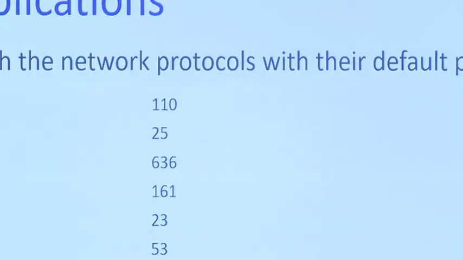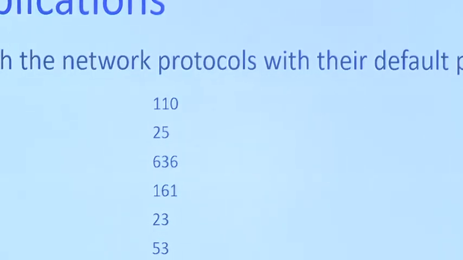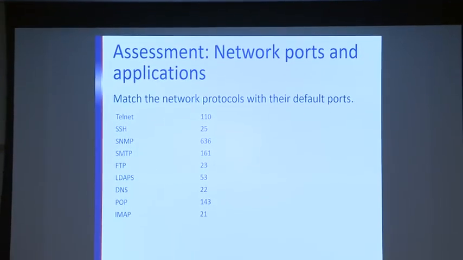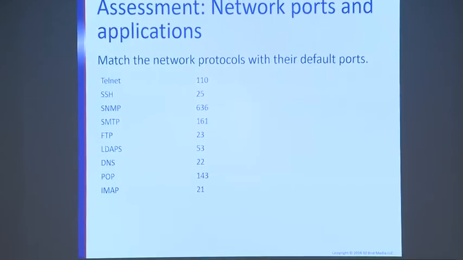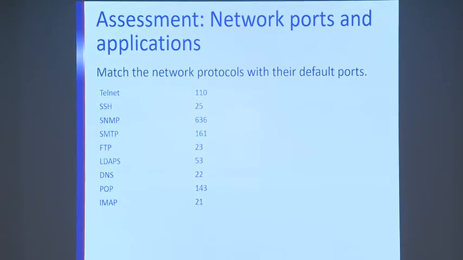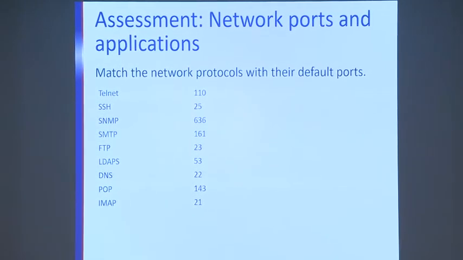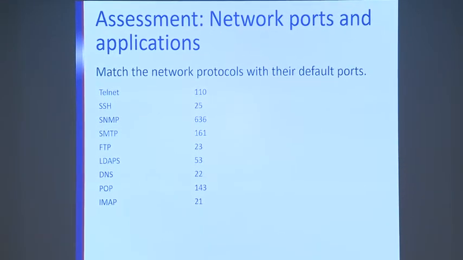So here are some of the ports that we have. If you would please match the port numbers that we've got. So the first one is Telnet. What's the port for Telnet? 23. How about SSH? 22. How about SNMP, Simple Network Management Protocol? And wait till the end on that one because we'll have one left over. It is 161.